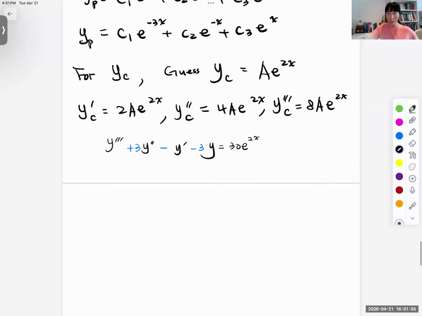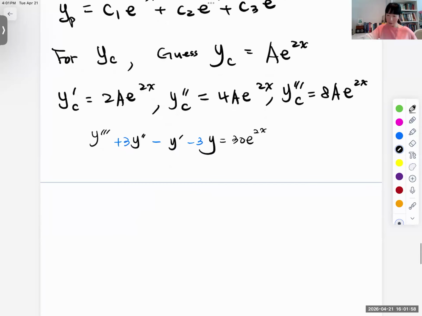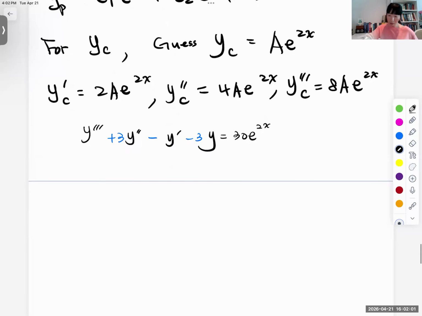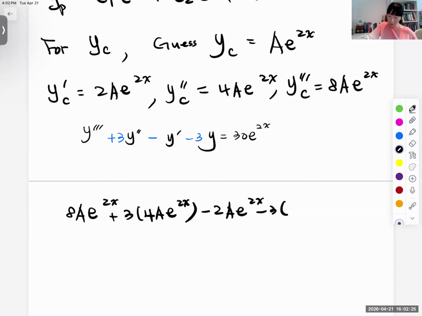Okay, so let me write down on the next page. So y third prime, we have 8a e to the 2x plus 3y second prime, 4a e to the 2x, minus y prime, 2a e to the 2x, minus 3y, which is a e to the 2x, and equal to 30 e to the 2x.